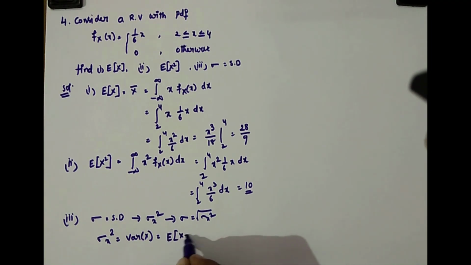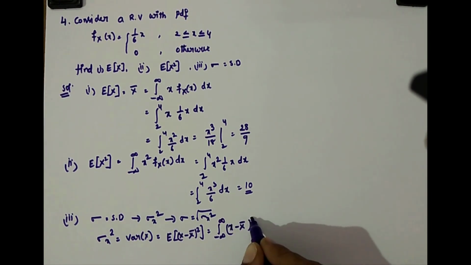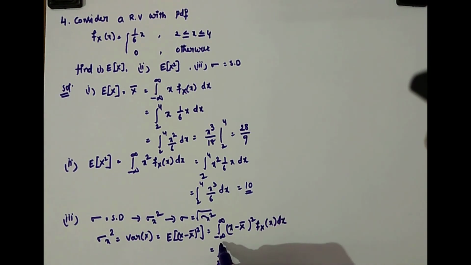E of x minus x bar square, nothing but integral minus infinity to infinity x minus x bar whole square fx of x dx. Then for us the limits are 2 to 4.